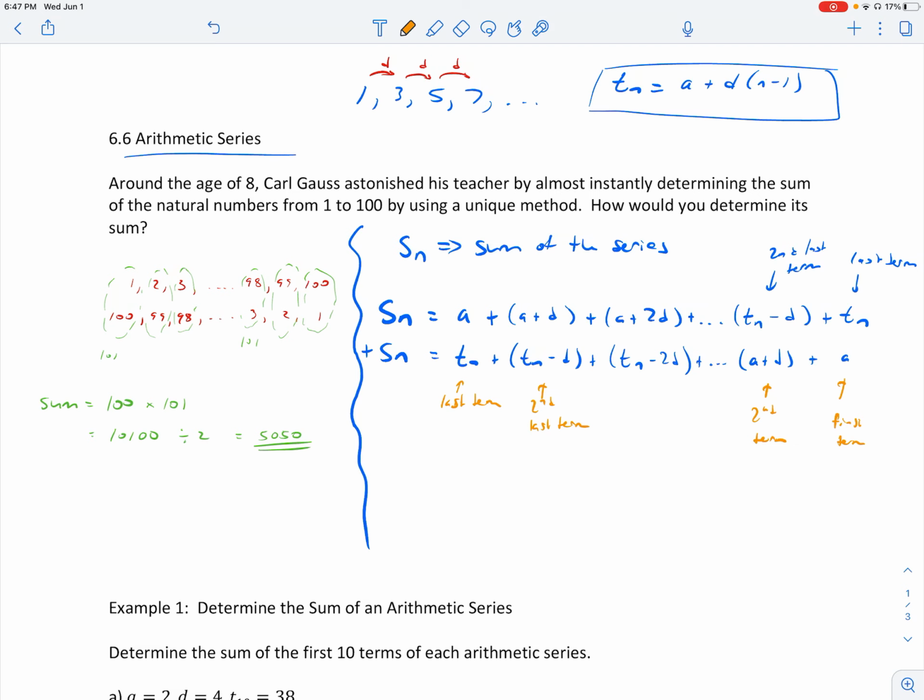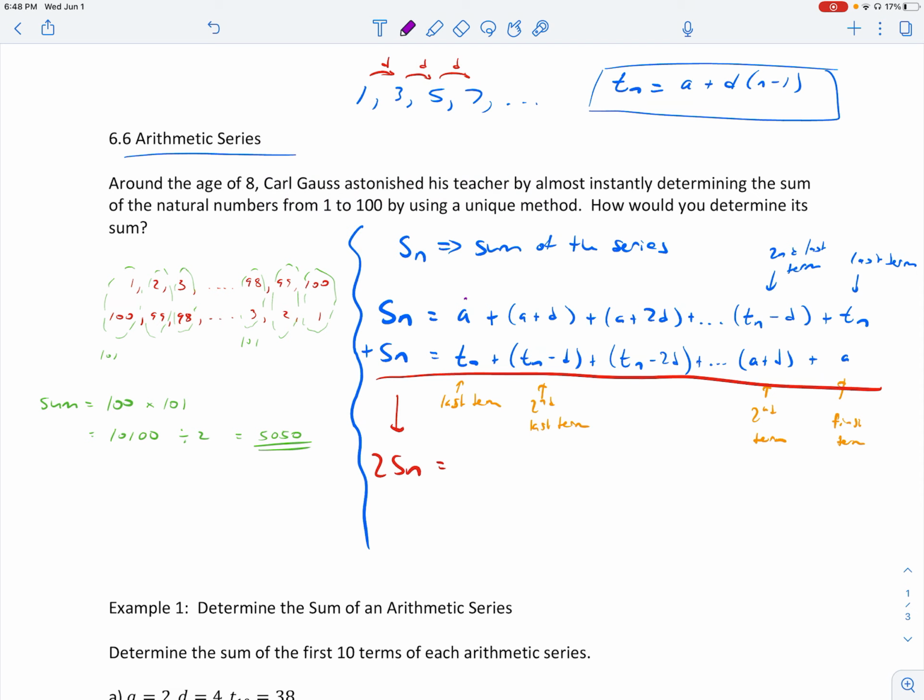So if we add all these up together, I'm going to add everything up, all of these, we see something special happen. So at first, Sn plus Sn is going to be 2Sn. That's everything on the left side. And now here we have the first and last term. So that adds up to a plus Tn.